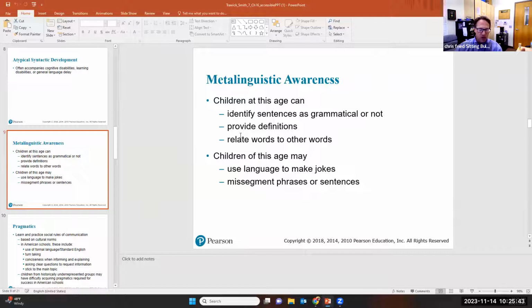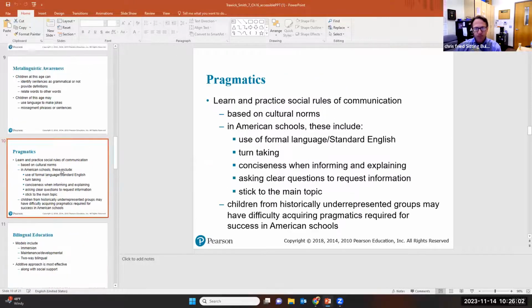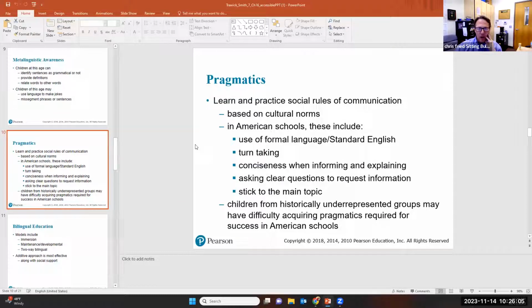They use language to make jokes and segment phrases or sentences, so they might have part of it correct but break it up incorrectly, or use the phrases or sentences a little bit incorrectly. Pragmatics: they learn and practice social rules of communication based on cultural norms within their school setting and their community setting.